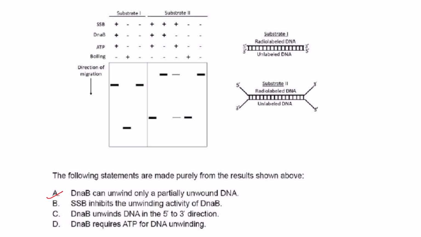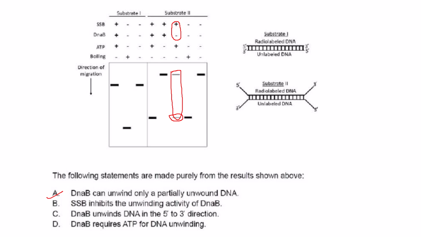Single-stranded DNA binding proteins: if you see this lane 3, you can see that only when single-stranded DNA binding protein is present but no DnaB, it is able to partially unwind the DNA. That is why you got a faint band over here.